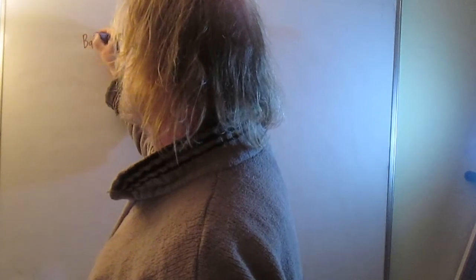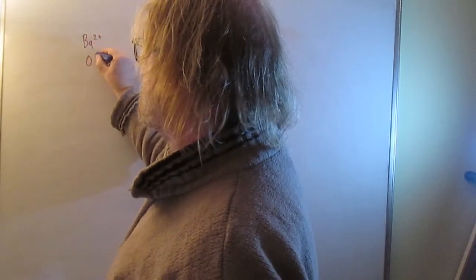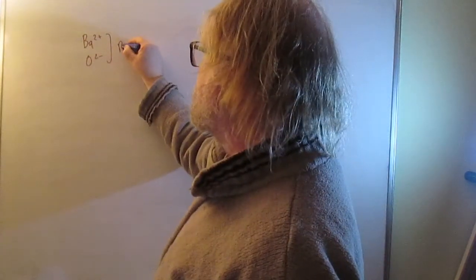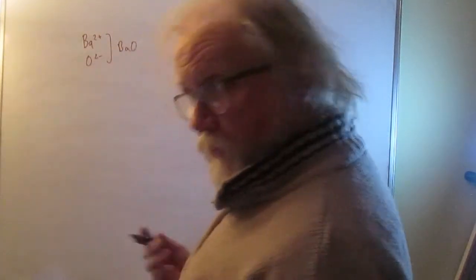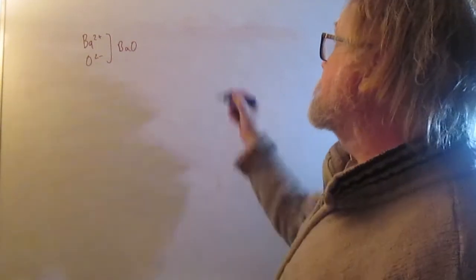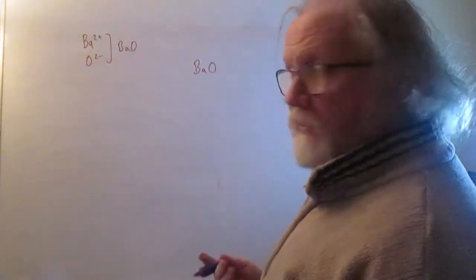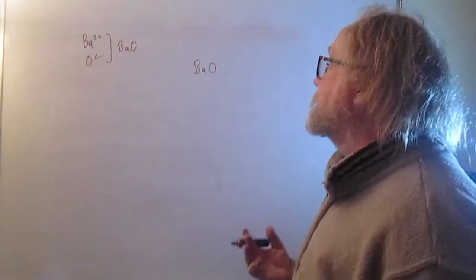Now we need an equation for the reaction of barium oxide with water. So barium oxide, we've got Ba2+, because it's in group 2, we've got O2-, and therefore the formula is just BaO. Just make sure you get the formulae of these compounds right. And the thing to remember is that there is never any such thing as an aqueous oxide.